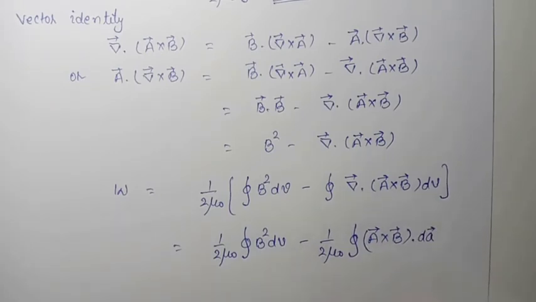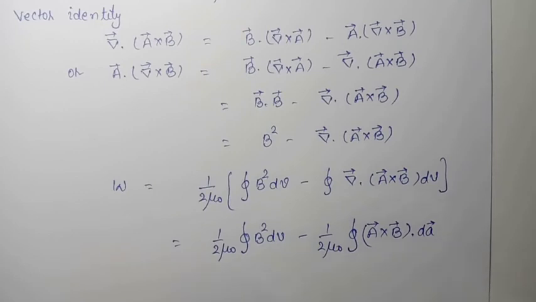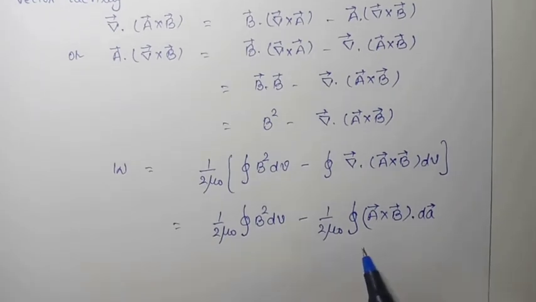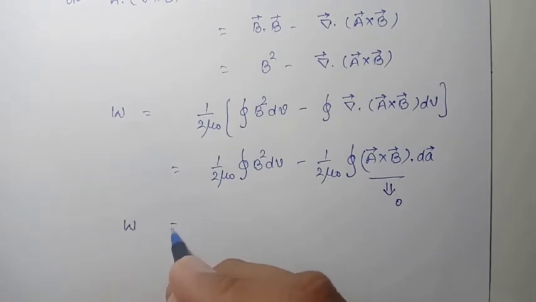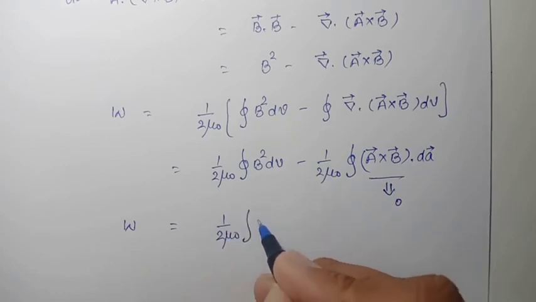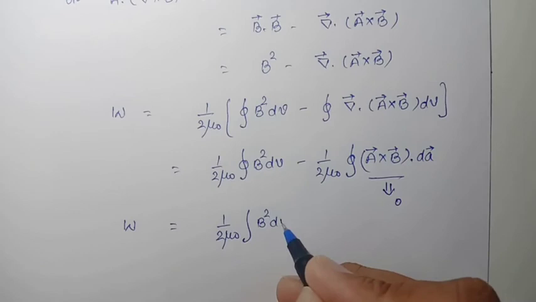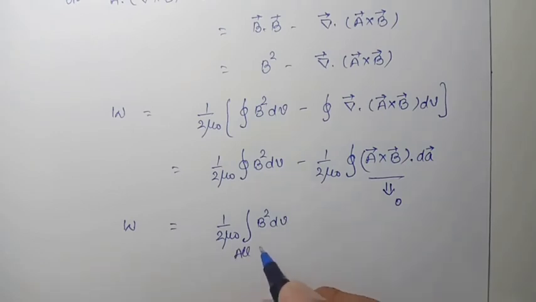Here we apply the divergence theorem to convert the volume integral into a surface integral. If we integrate over all space, then the surface integral, the second term of this equation, is equal to 0, and we can write that the work done is equal to 1 over 2 mu naught integral of B squared dV over all space.